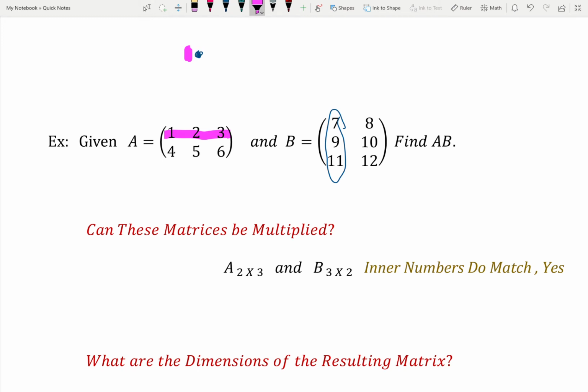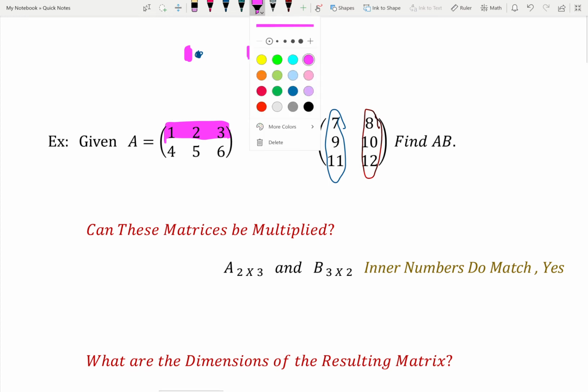Then I'm going to multiply the first row of matrix A by the second column of matrix B. So my second entry is going to look like this, the dot product of these two guys.